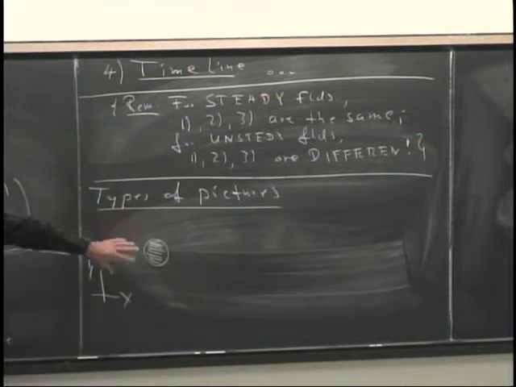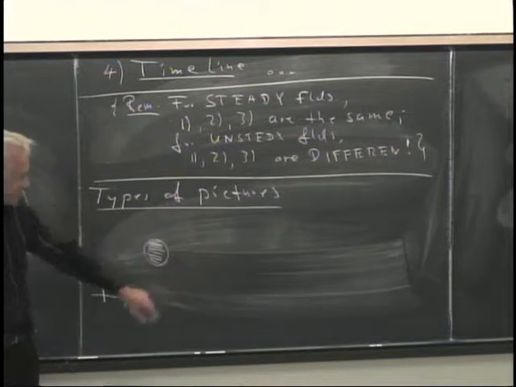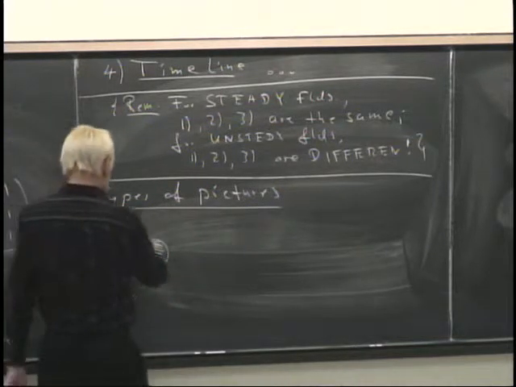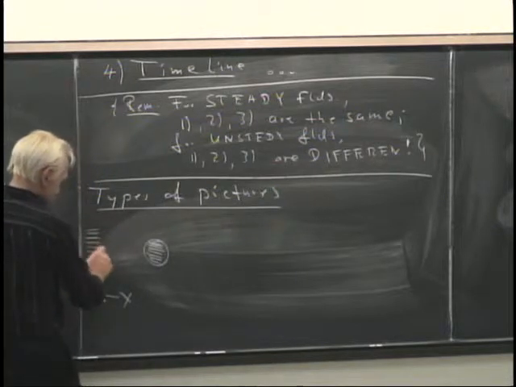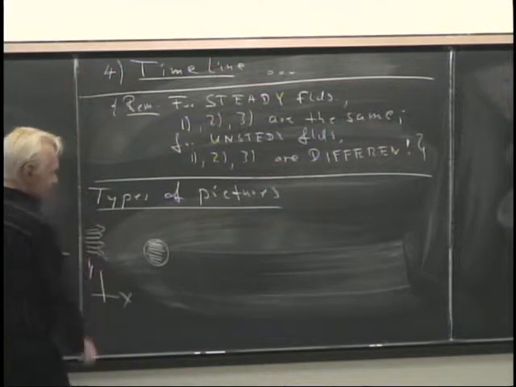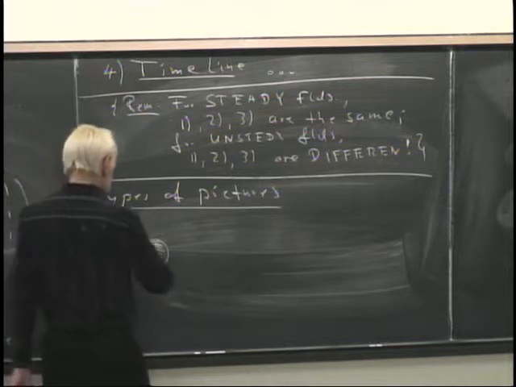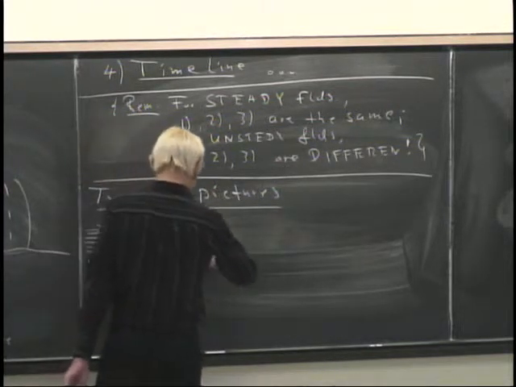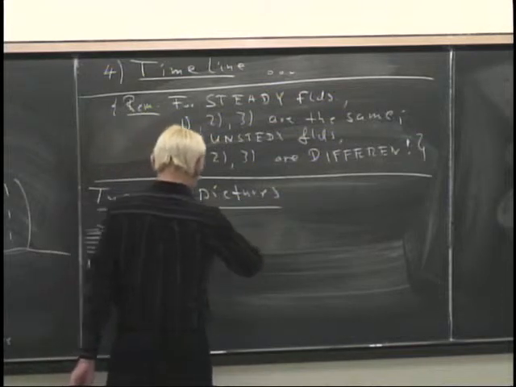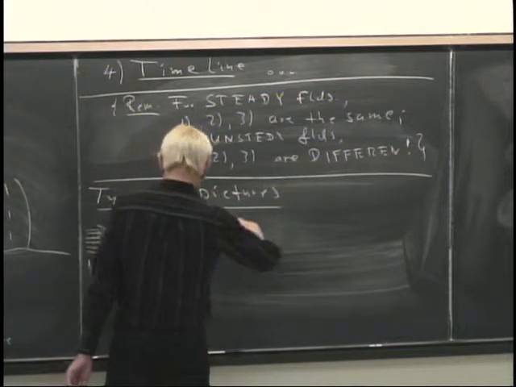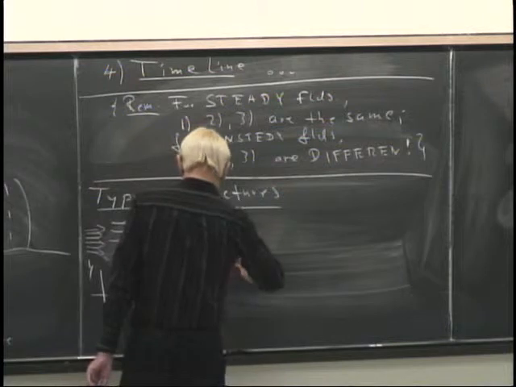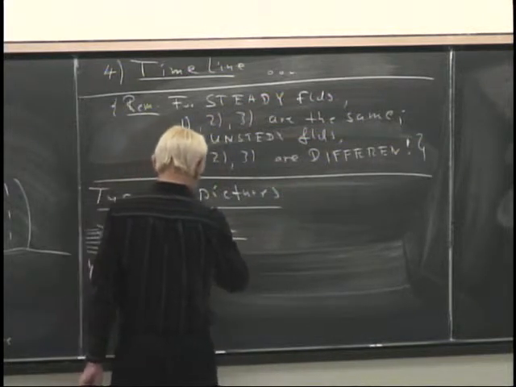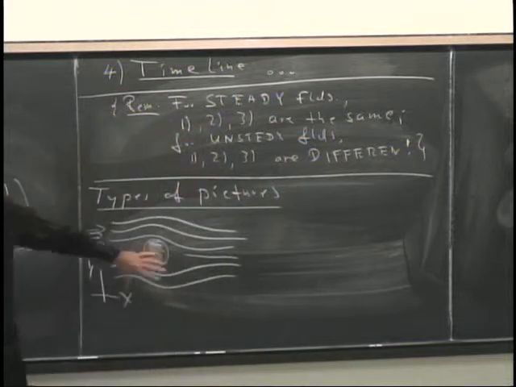I do a simulation in the neighborhood of this obstacle, and I get a bunch of points with associated vectors. And if the wind is blowing from this direction, then the streamlines I will get will probably look like this. Okay. Those are the type.